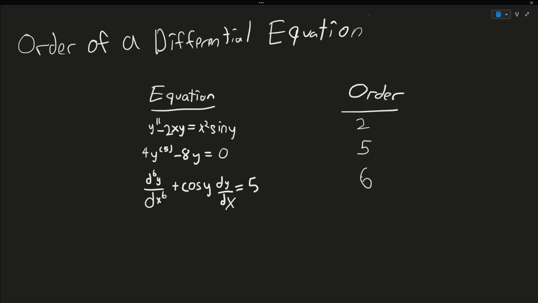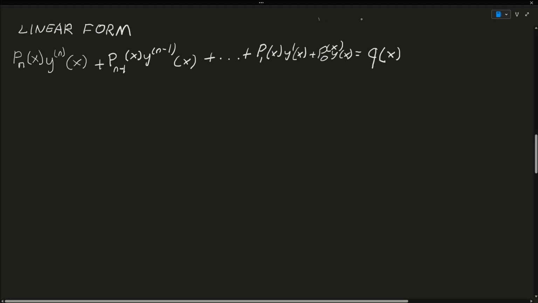Now I want to talk about linear form in differential equations. This is another type of classification. When we are classifying differential equations, there is a linear or nonlinear classification. The basic definition of linearity in a differential equation is given by this formula up here.